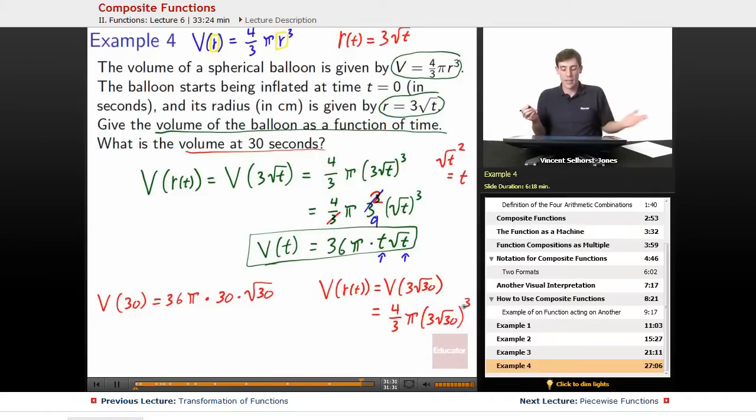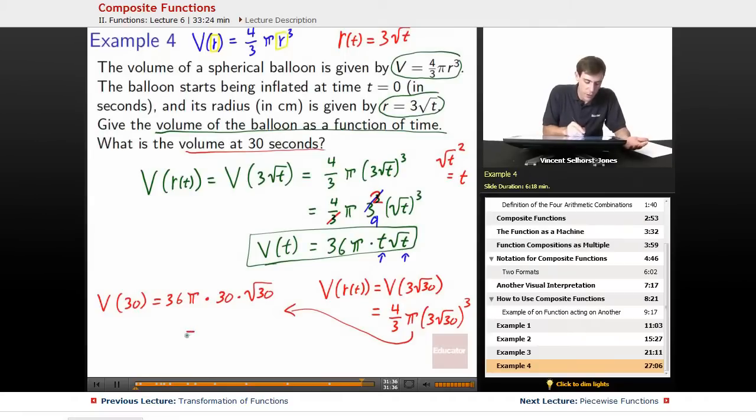And it winds up being the case that these two things equal the exact same thing. So let's just fold them together. 36 pi times 30 times root 30 winds up equaling 1080 pi square root of 30.